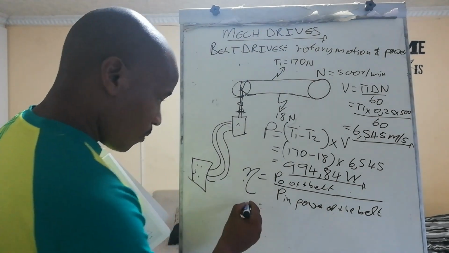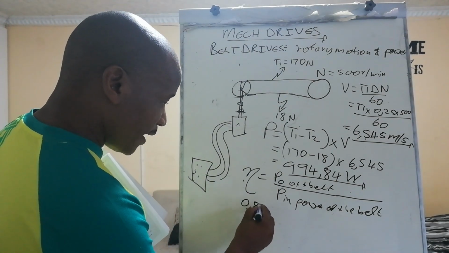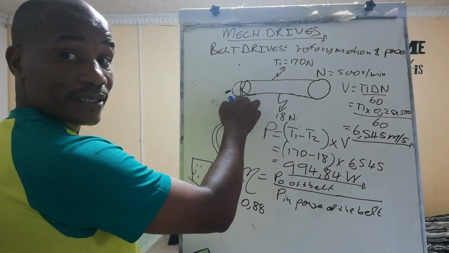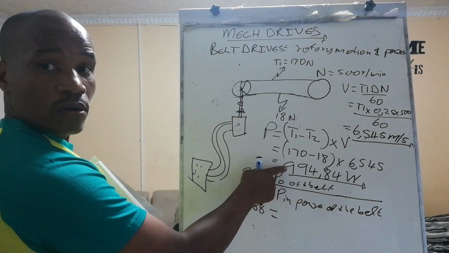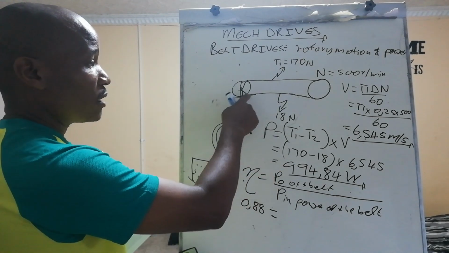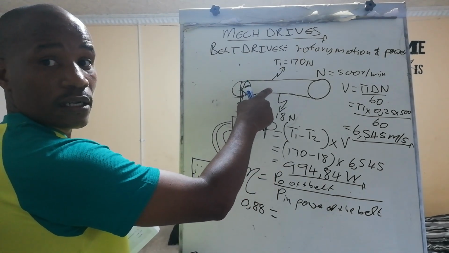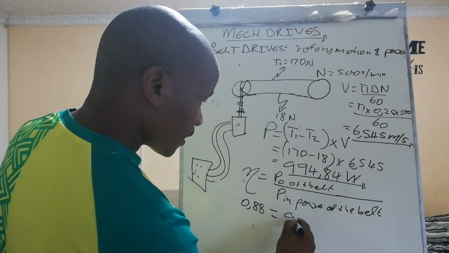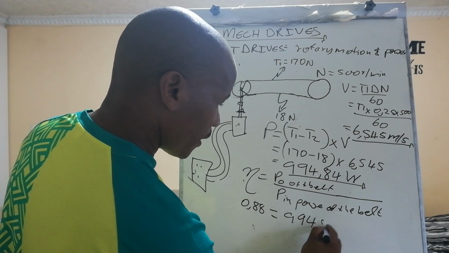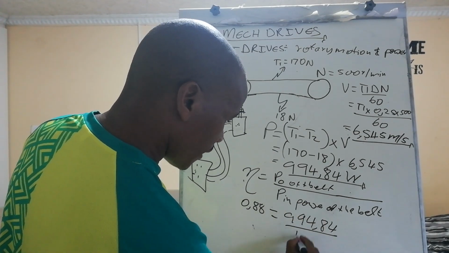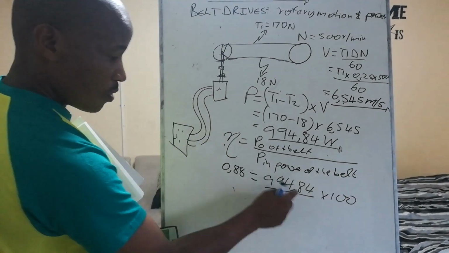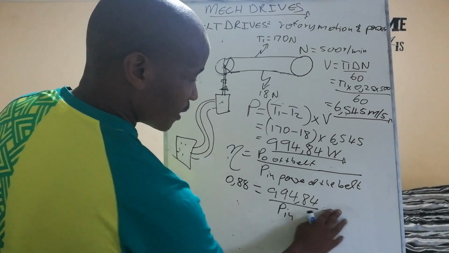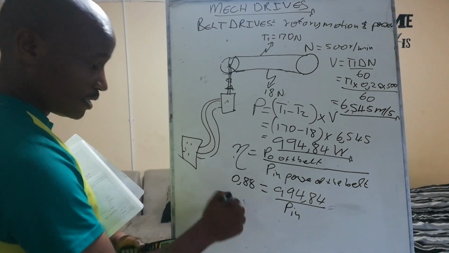Now, we've got 0,88 for the belt is equal to the transferred power, which is equal to what? 994,84 divided by P in. The reason why it's like this, guys, remember there was 100 here. So we have divided by 100 and then we are left with 0,88.